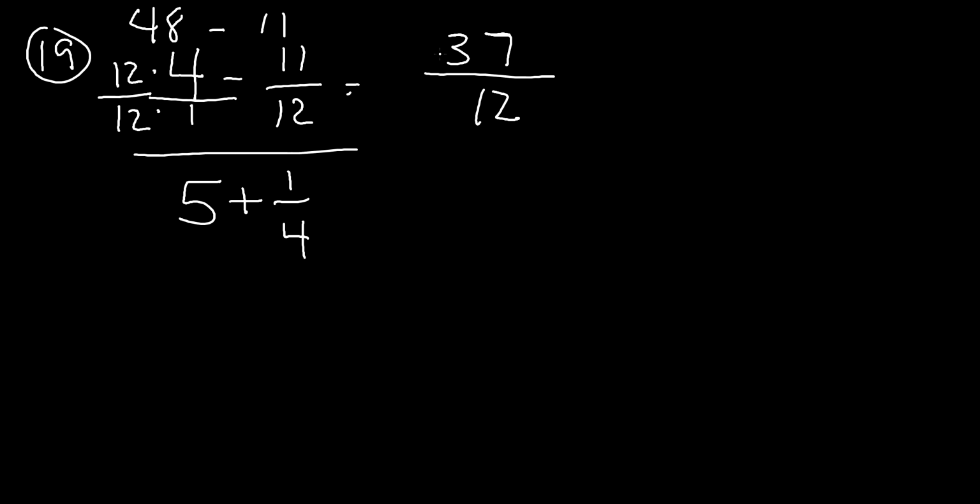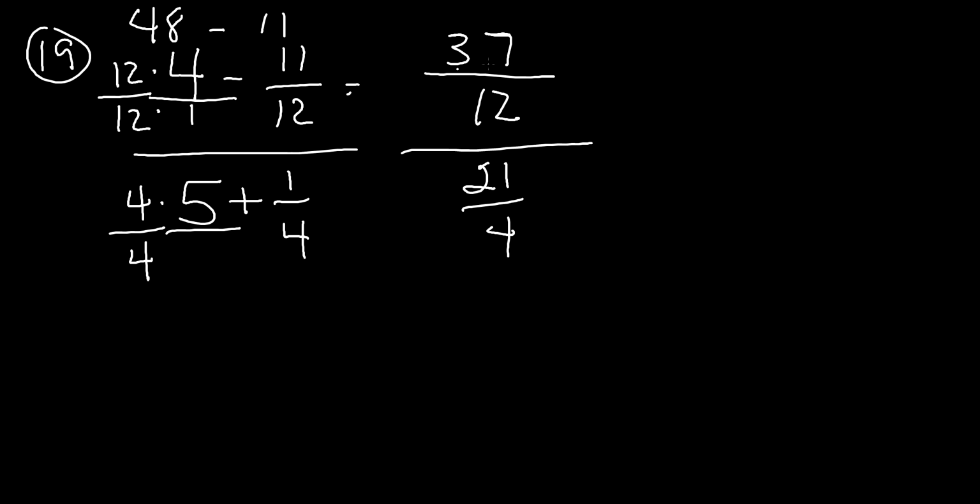Over 12, and that's going to be over 5 and 1 over 4, so let's make these denominators the same by multiplying the 5 by 4 over 4, and that'll give me what? 20 plus 1 is 21 over 4. Okay, now I can do the keep, change, flip thing.